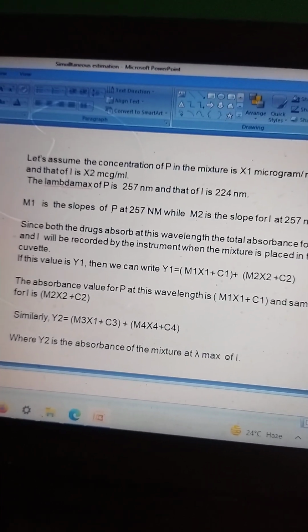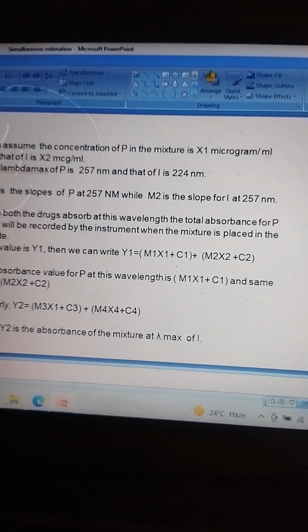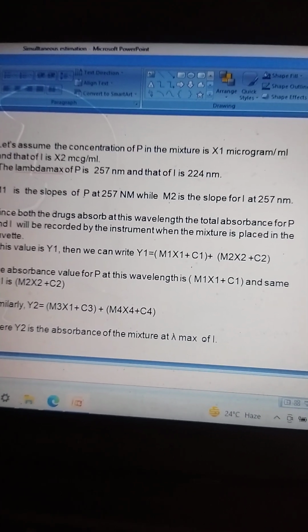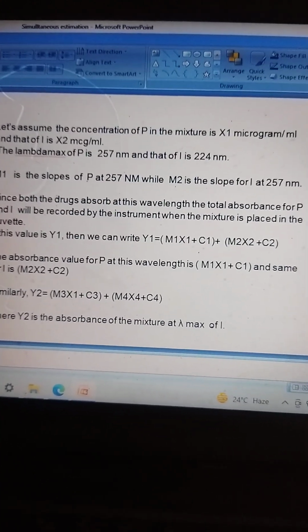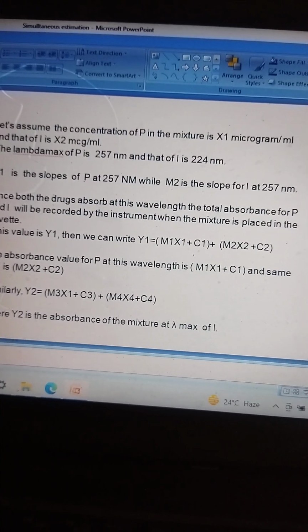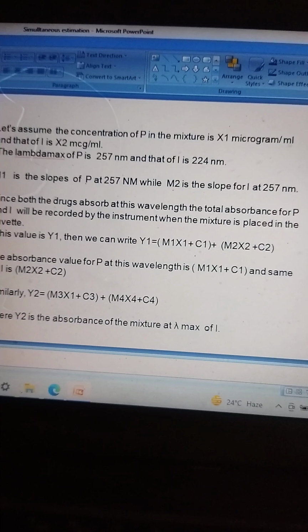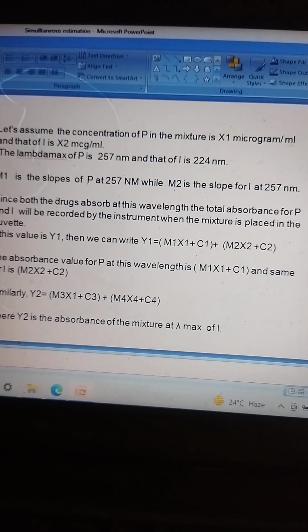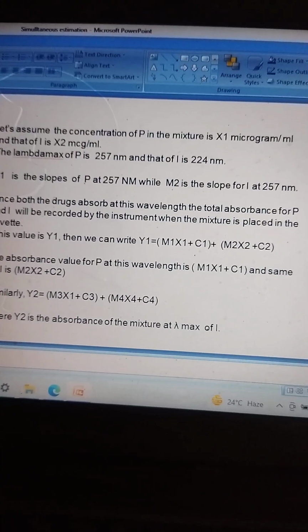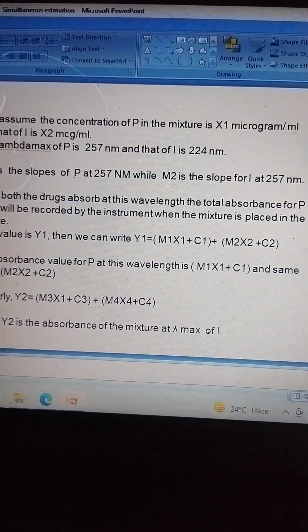Now, Y1 is equal to M1X1 plus C1, plus within the bracket M2X2 plus C2. Now, why did I put them into brackets? I said both the drugs have absorbed and in the total absorbance both have contributions. The generalized equation for a standard curve is y equals mx plus c.